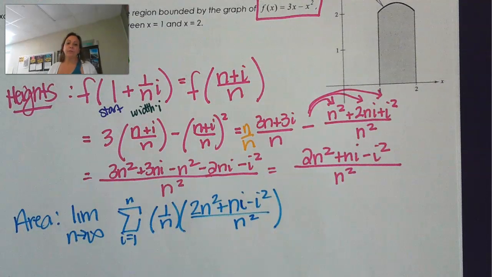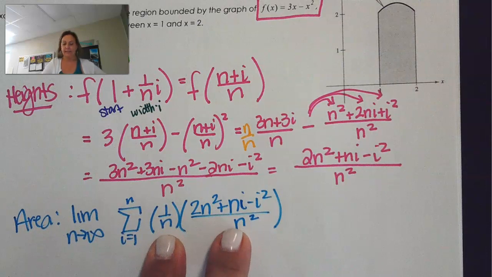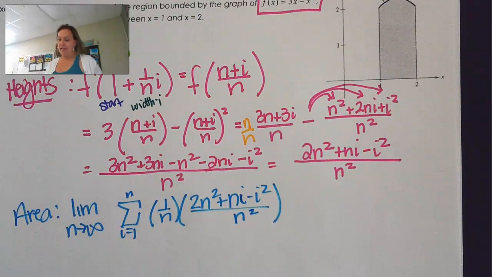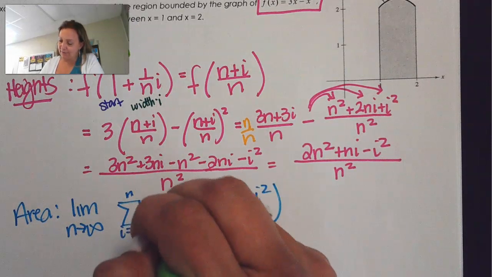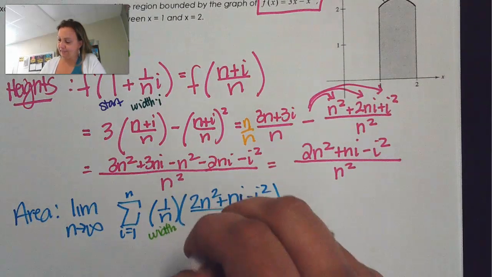So we're going to take the limit of this area, the width times the height, from 1 to n as n goes to infinity. Okay. And once again, I'm just going to point out that this is our width. This is going to be our height.